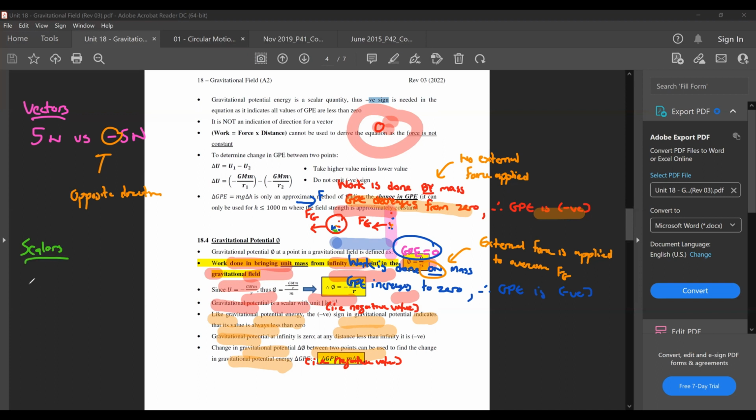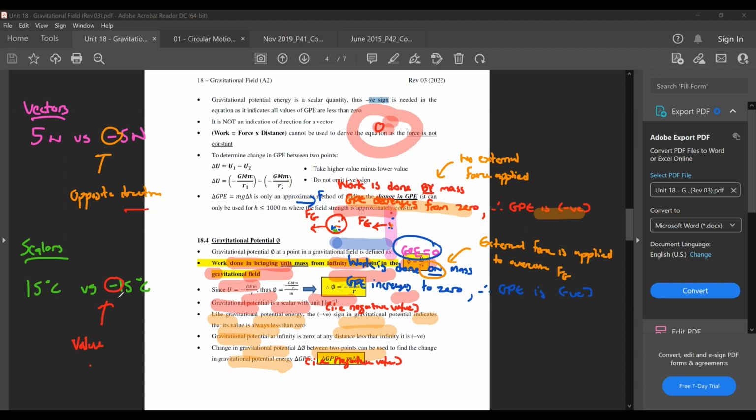I tell you, say 15 degrees centigrade versus negative 15 degrees centigrade. You won't tell me that this negative is just saying that temperature is acting in opposite direction, right? You won't associate this negative with direction.